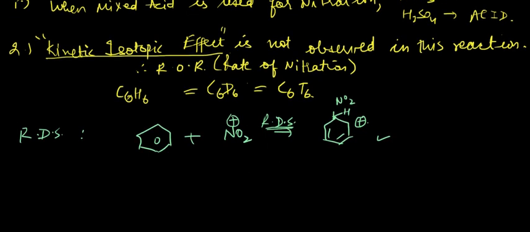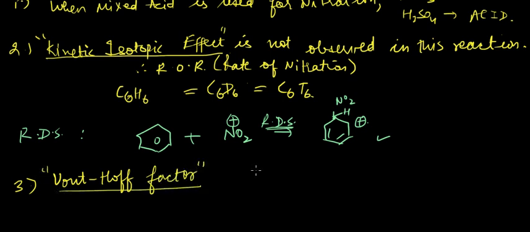Okay, so let's look at the third characteristic. The Van 't Hoff factor is 3.8, not 4, due to incomplete protonation of water. Just remember this for the time being. This won't be asked in depth in JEE-level competitive examinations, but just the name would be asked, that is, what is the Van 't Hoff factor for nitration.